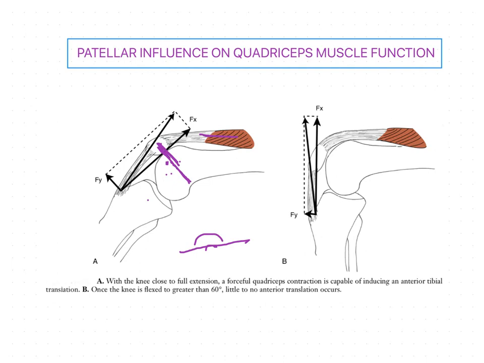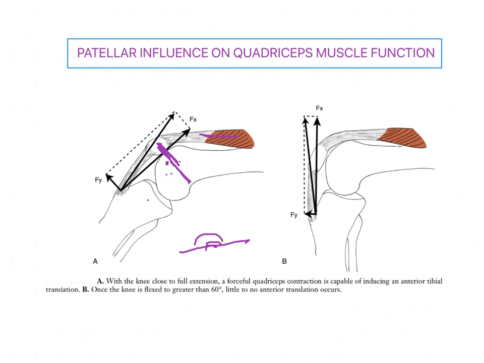Once full extension is reached, there is no moment arm between the joint axis and this line of action. So the presence of the patella here increases the moment arm and aids the final 15 degrees of knee extension, which is very important to lock the knee joint.